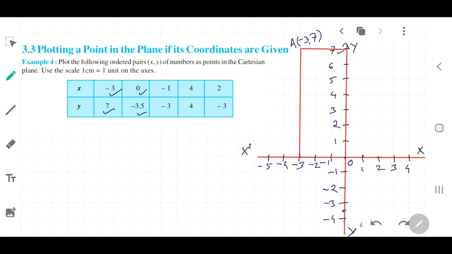So this will be the point, correct? And this point you can name it as point B. Okay, and you write value of x is 0, so you put here 0 and y would be -3.5.